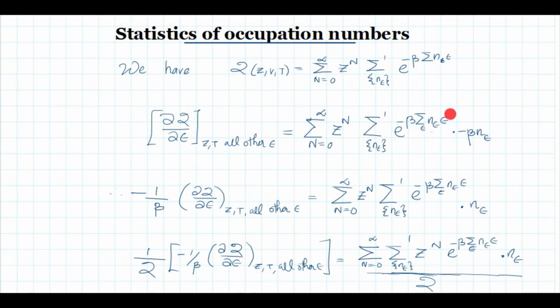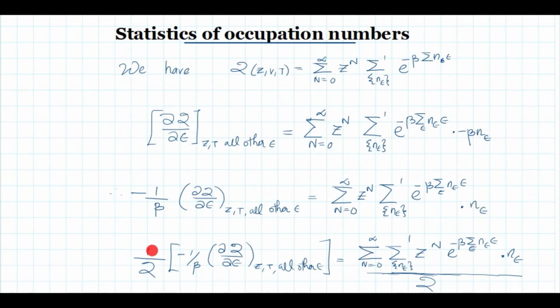The derivative with respect to epsilon will give you minus beta n epsilon. If you take this minus beta to the left hand side, this is minus 1 by beta dou theta by dou epsilon equal to this summation into this n epsilon.